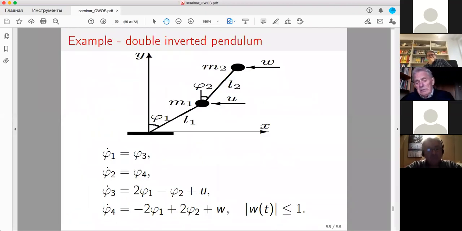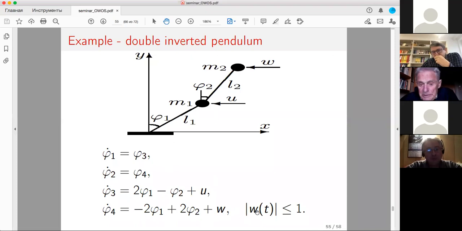And how does it work for the pendulum? It is a double inverted pendulum where we can control this point, and the perturbation is applied at this point. We have this set of differential equations.